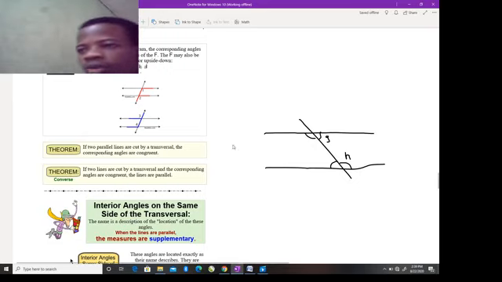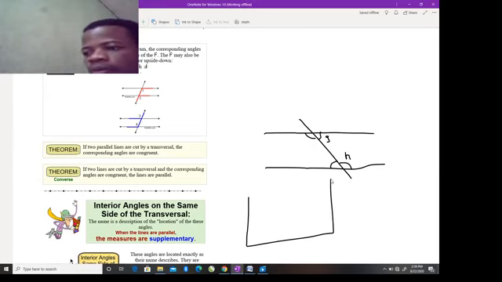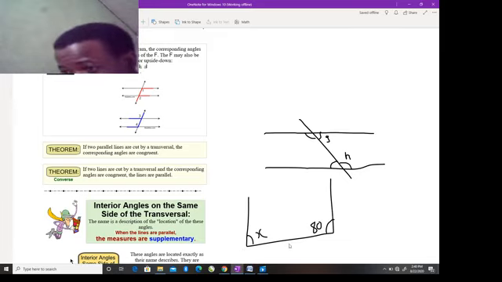You'll be given this, you'll be given this. You can be given this as 80. You'll be told to find X. This 80 and X is the same thing as H and G. They are supplementary angles in the sense that they are on the same side of a transversal. This is a transversal line to these two. These two lines, they are parallel. This one is parallel to this.